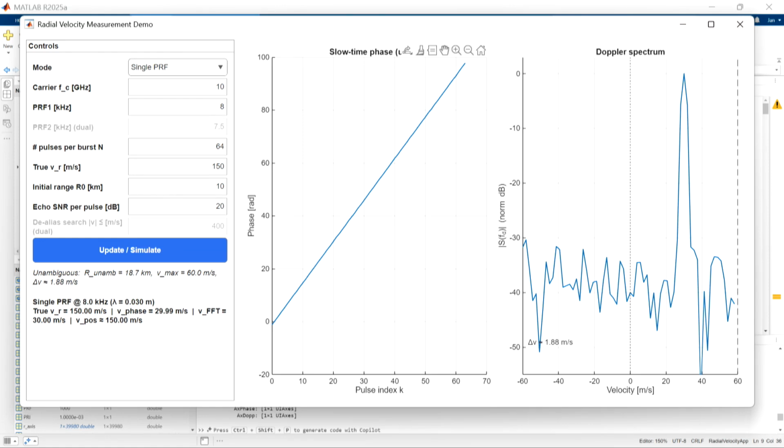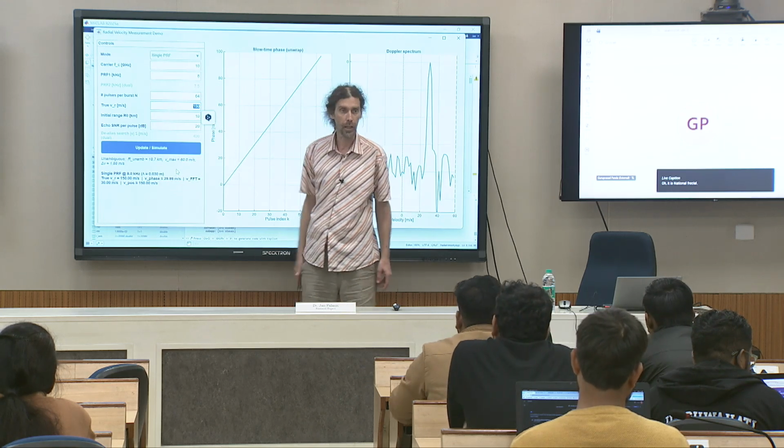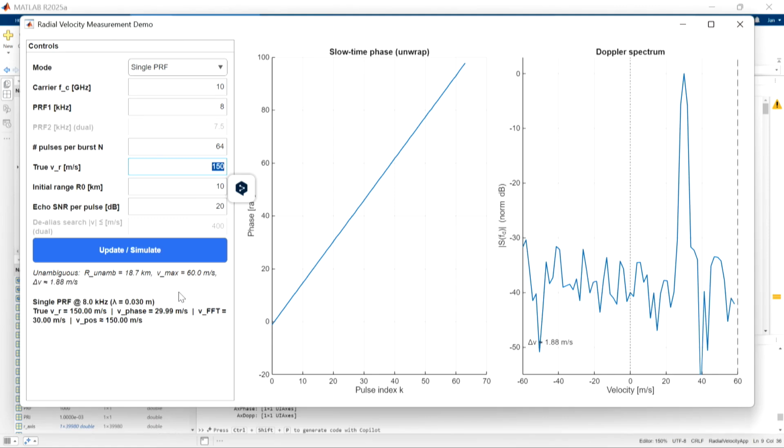Okay, how to do it now, because I need to check. The maximum speed that will be recognized well is 60 meters per second, but I put 150, so it shows me 30 meters per second, a much lower speed, so it did not work. So just put something lower than 60, like 35 or 30.